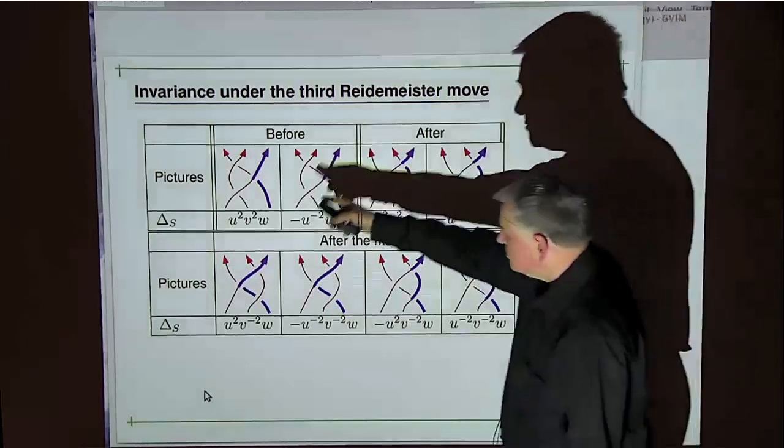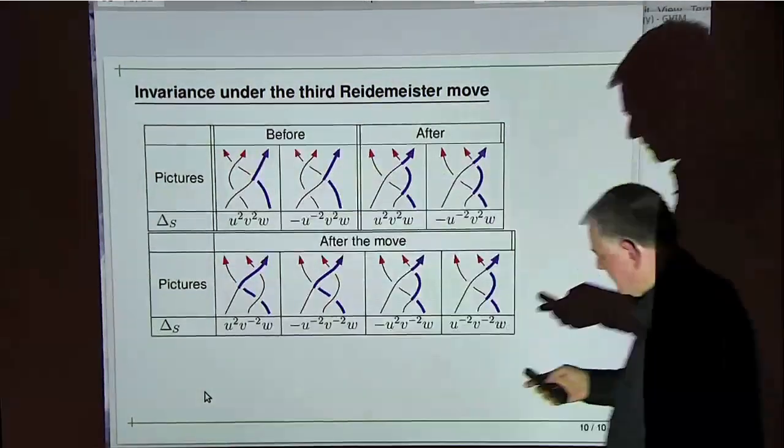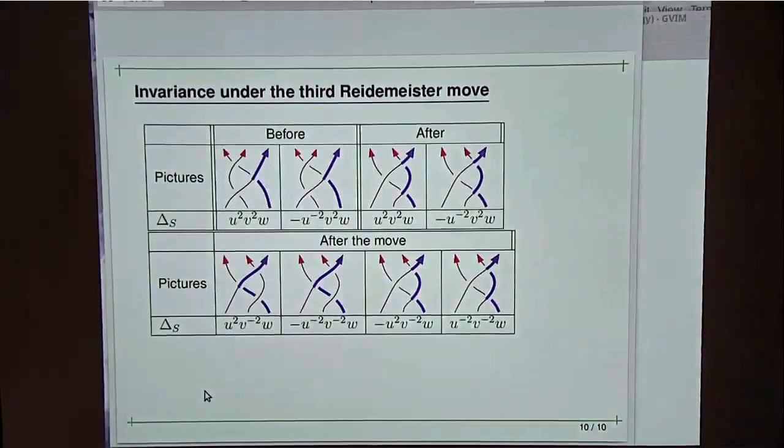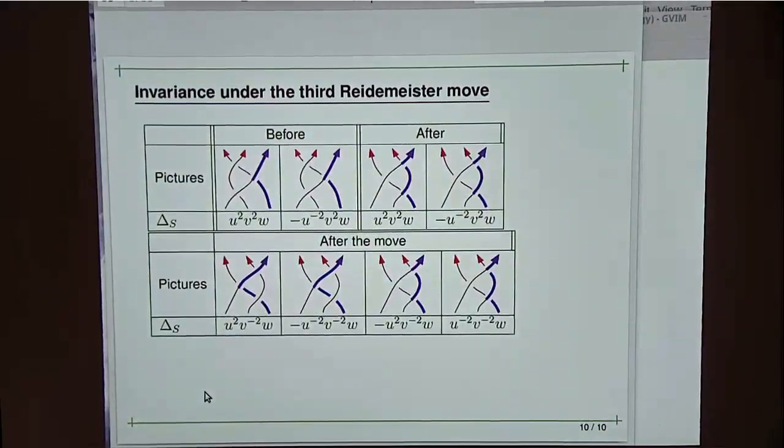And surprisingly, it is much simpler than the picture after the move. So there are states which just have the same contribution before and after. And you see, they are somehow similar, you can guess. But we do not need to guess, it is just a standard situation.